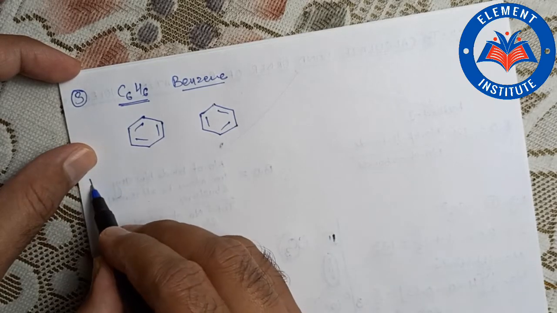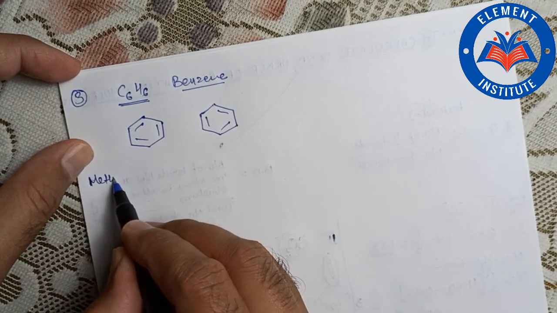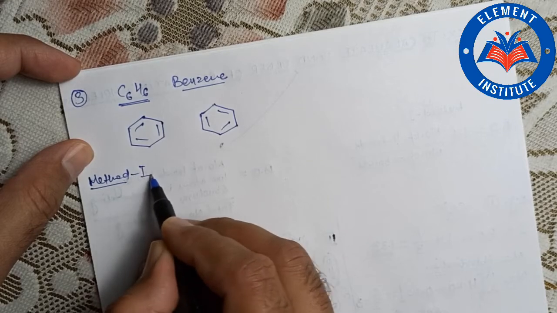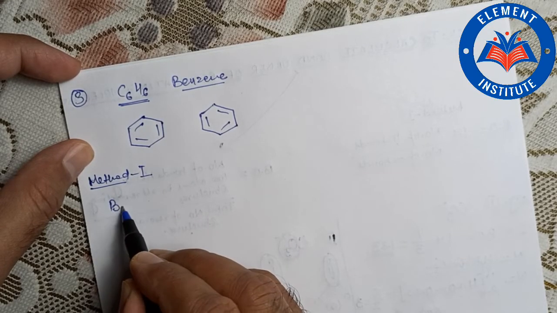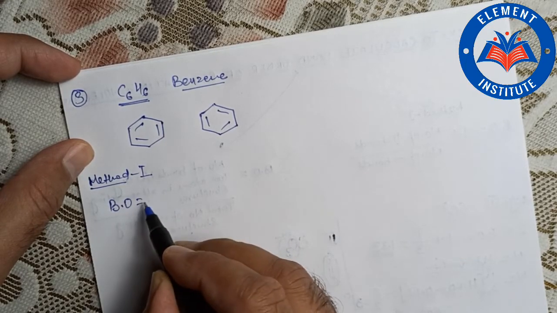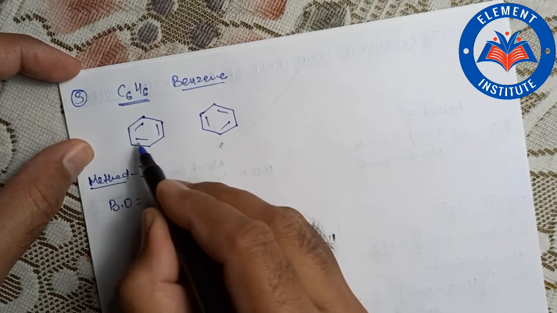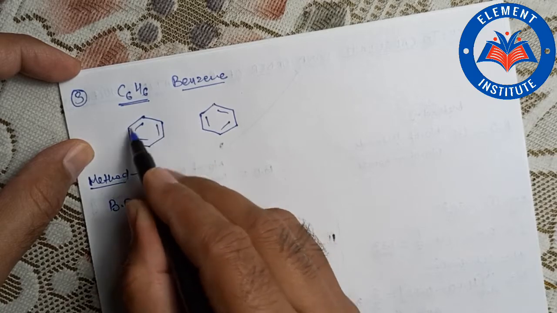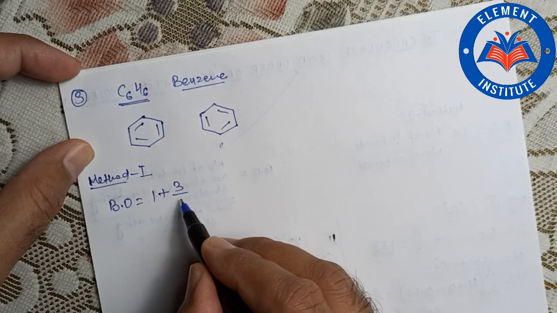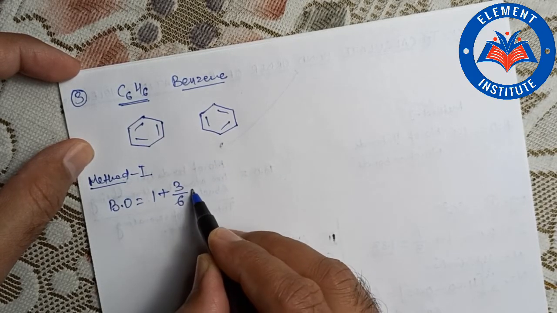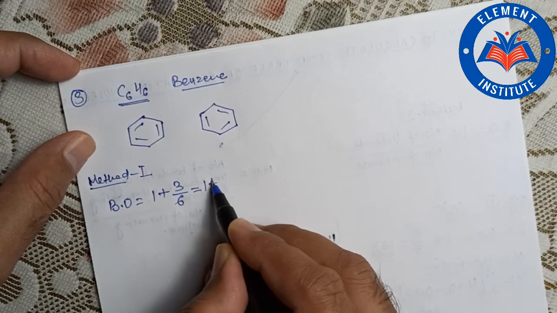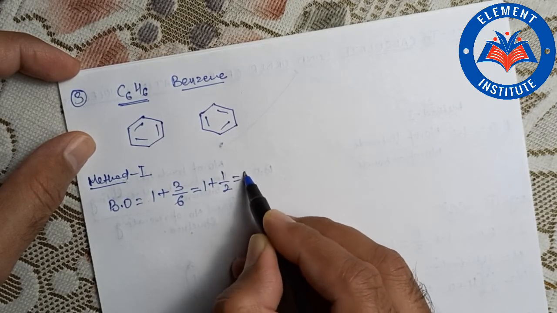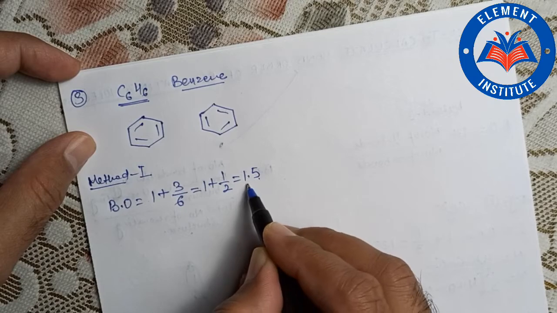Okay, method 1 I am going to write first. So the bond order is equal to 1 plus the number of pi bonds, that is 3, and the number of sigma bonds between the carbons, that is equal to 6. So it is equal to 1 plus 1 by 2, that is 1.5.